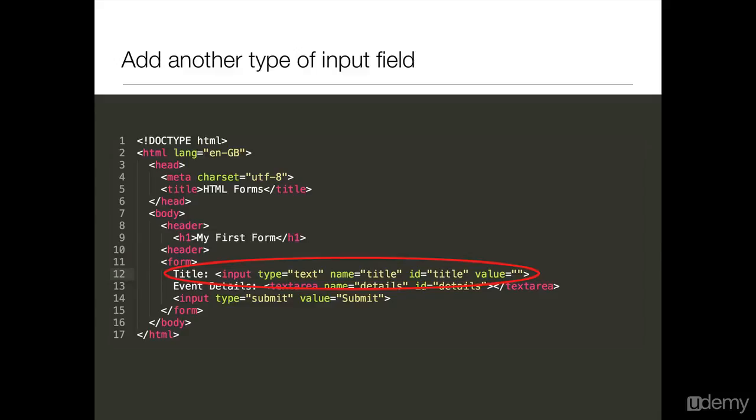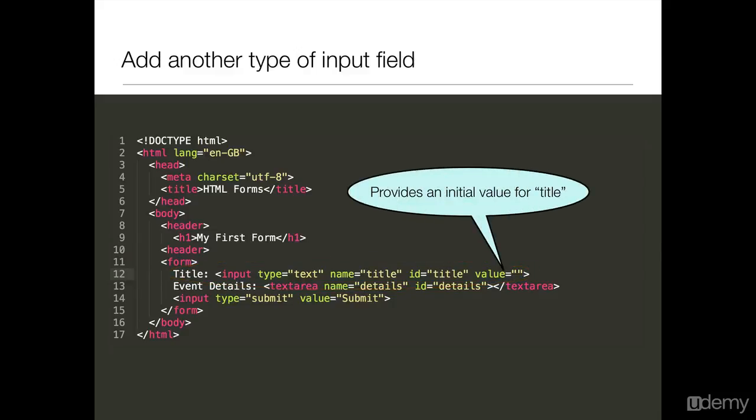And again I've got a name and an ID. I've also included an initial value for title, and for many input types, specifying the initial value is good practice. In this particular case we don't want to include anything, but you might, in a form which is being used to edit existing data, then the initial value would go in at that point.